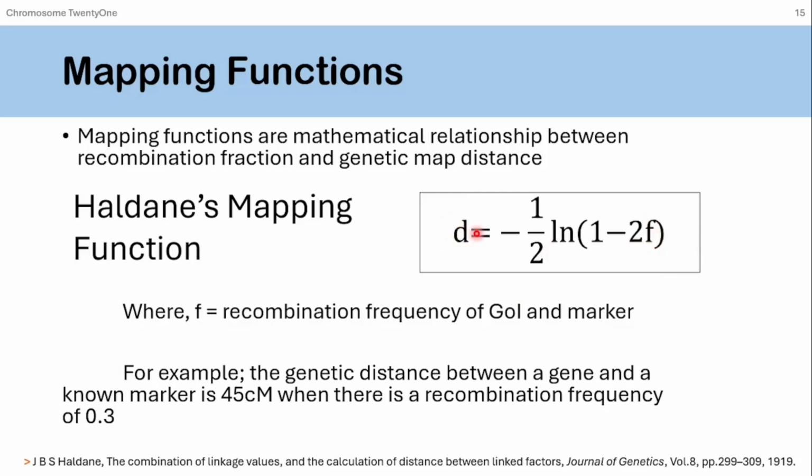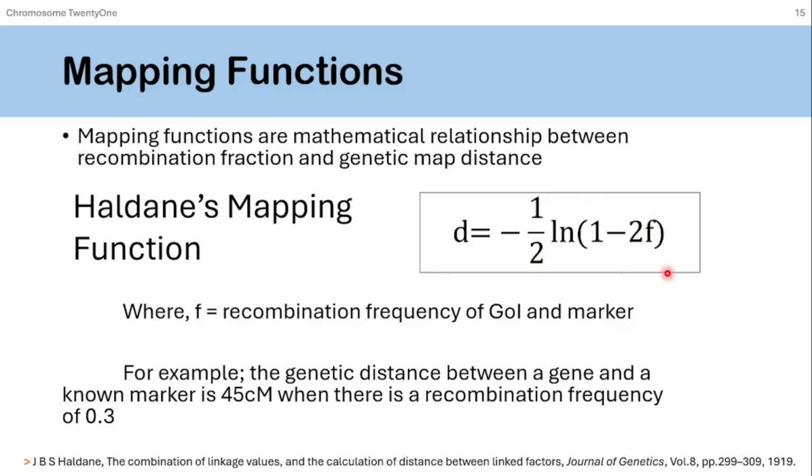JBS Haldane is the person you might have heard about in population genetics, but he was originally a mathematician who first dived into the genetic mapping business, and later he moved into population genetics.